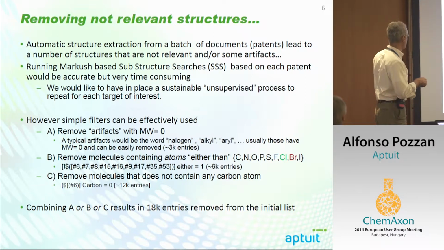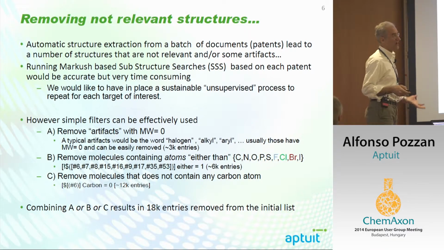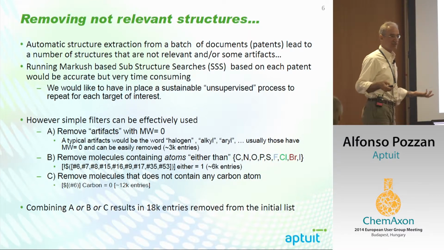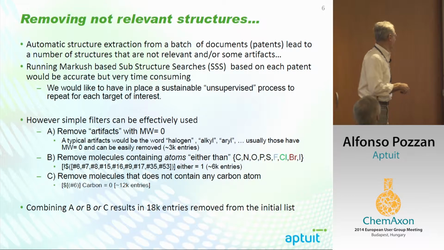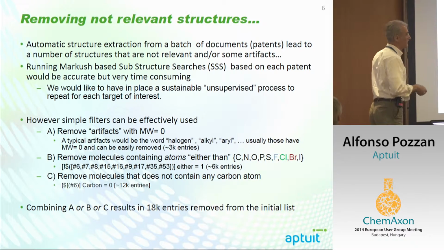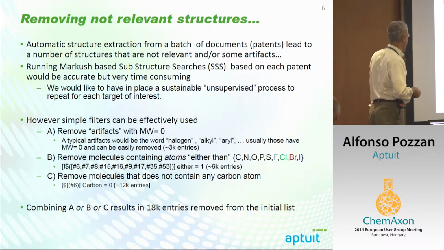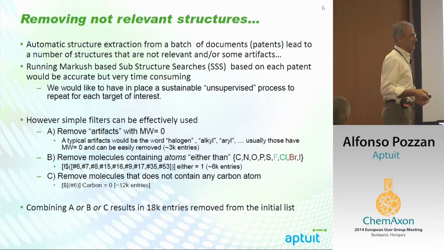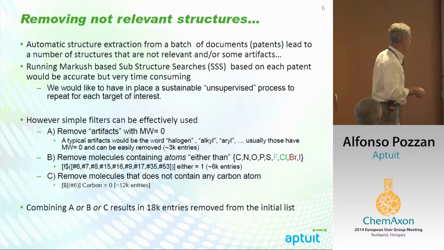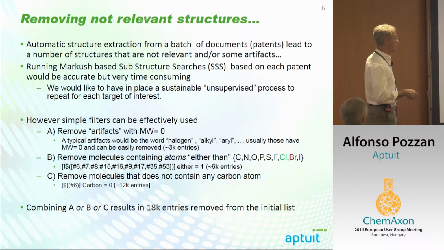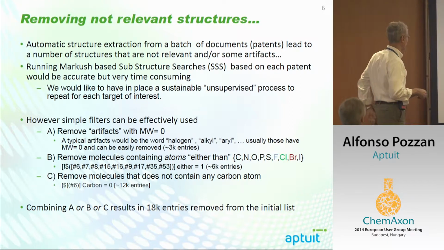So instead of using this approach, we tried, if possible, to remove all the junk from the structures that we got from patents. There are very simple filters that you can apply. If you just remove all the structures that have molecular weight equal to 0, which are, for example, all definitions by halogen, alkyl, aryl, you remove, in this case, about 3,000 molecules.